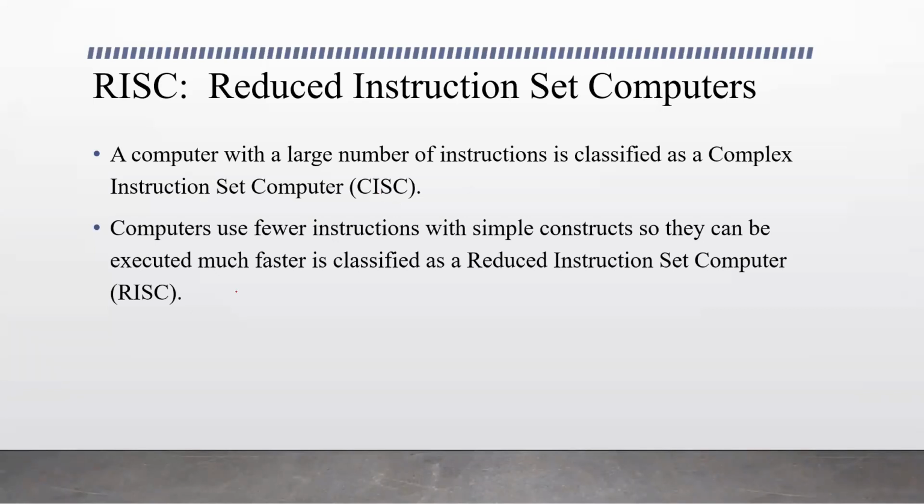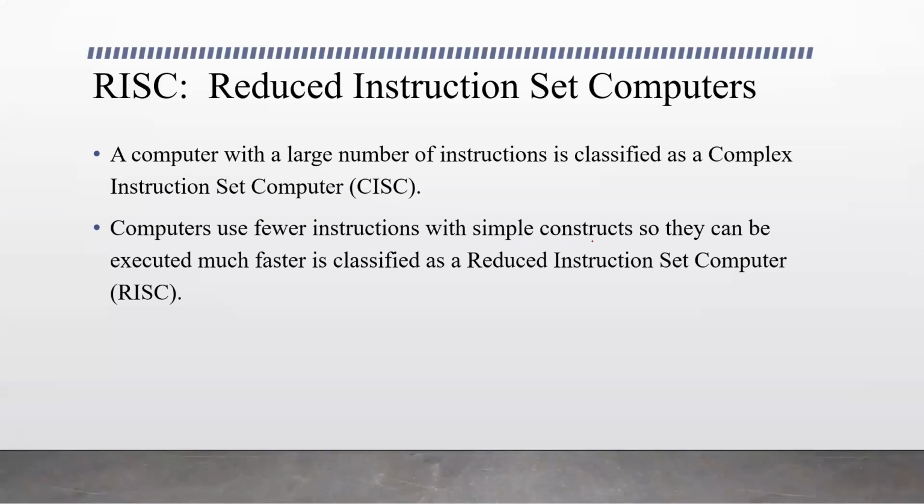And what is RISC? The computers that use fewer instructions with simple constructs, so they can be executed much faster, are classified as reduced instruction set computers. These computers have fewer instructions. The number of instructions available to perform the operations is very few, and with simple constructs.